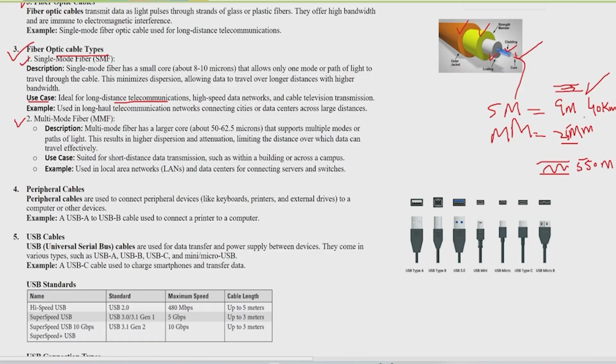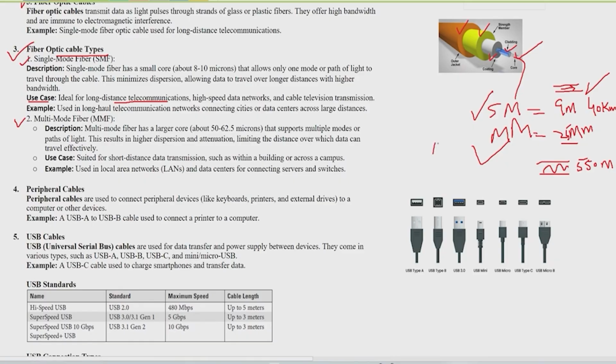So this one is for short distance. Single mode we use outside to extend the longest distances, up to 40 kilometers. But this one we use inside the network. Whenever you see some fiber cable inside your organization, it will always be multi-mode, not single mode, and there is a cost associated.